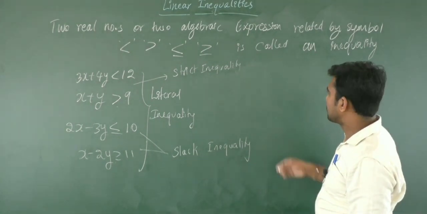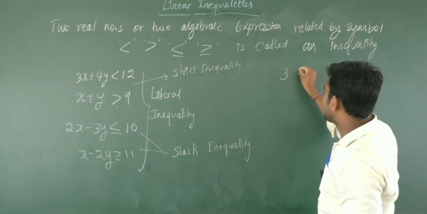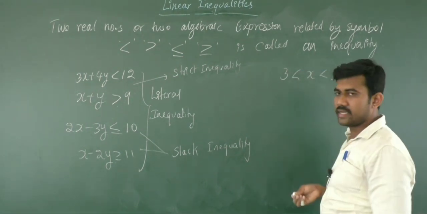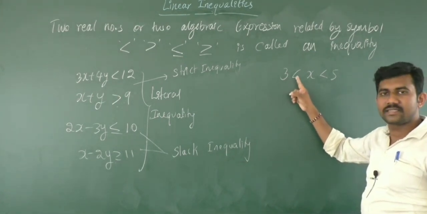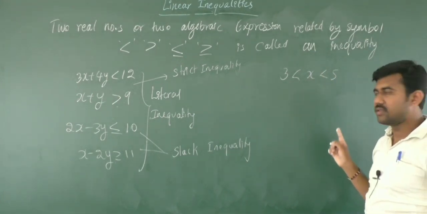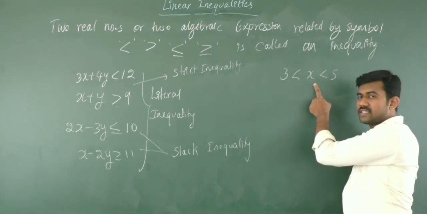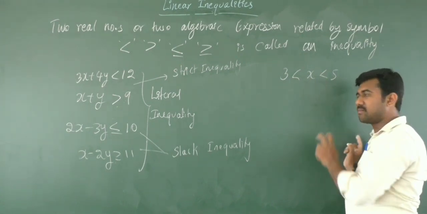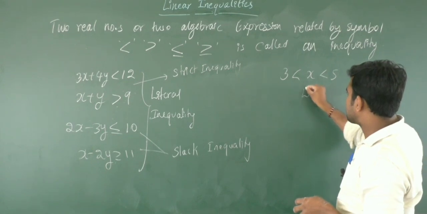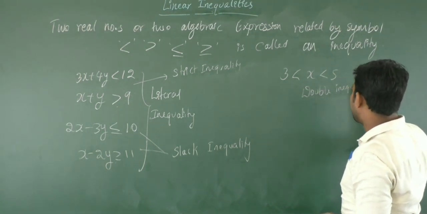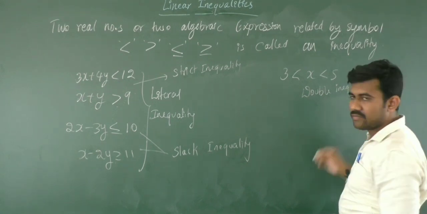See here, if you consider one example like 3 is less than x less than 5, on both sides of x we have an inequality symbol, and this is called a double inequality.